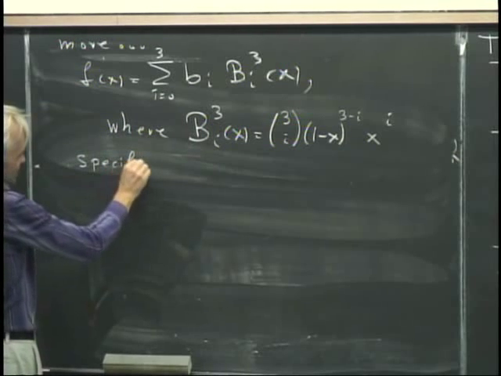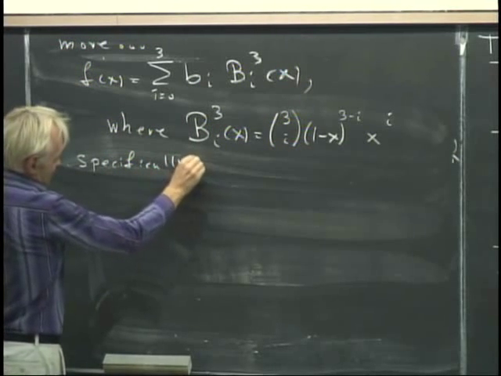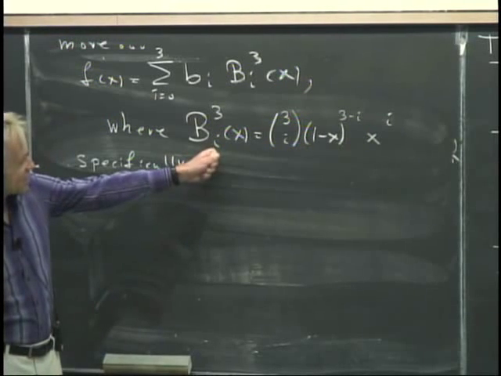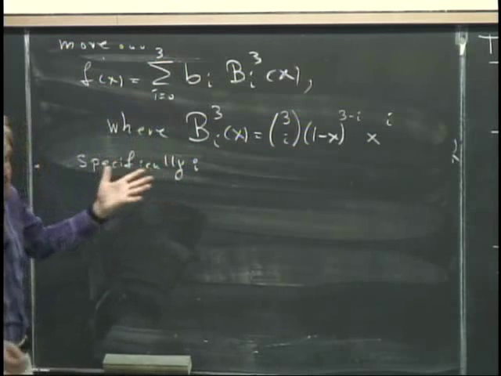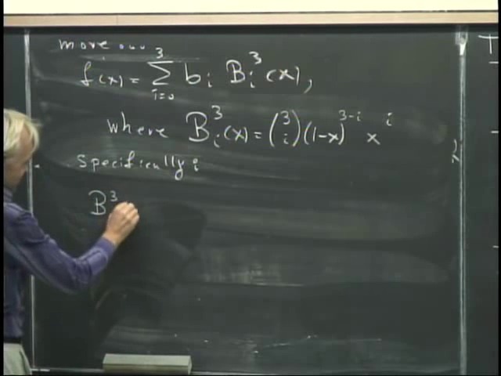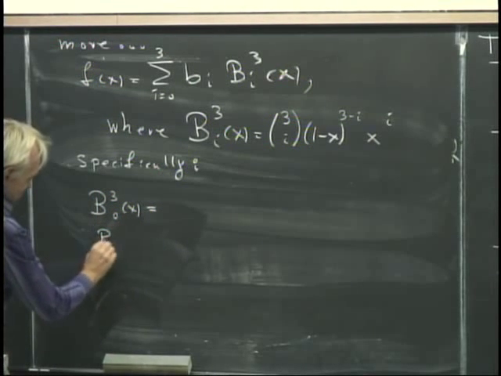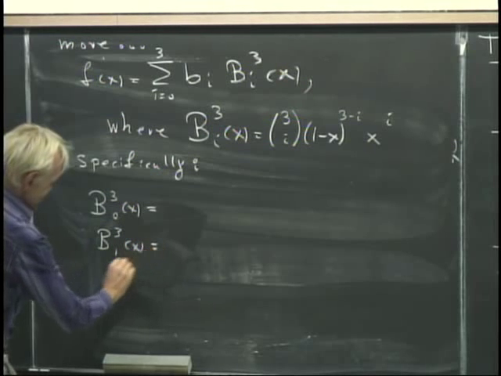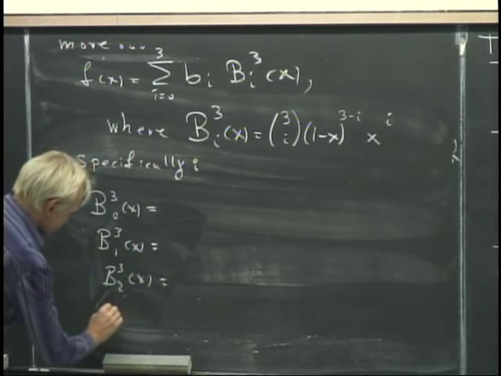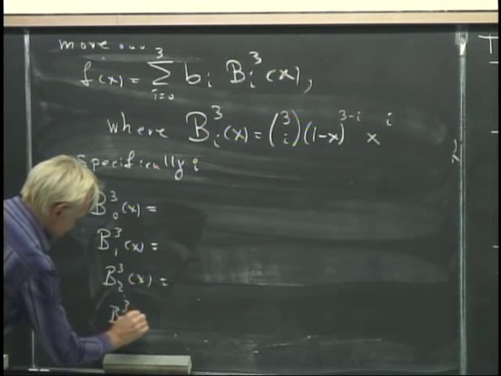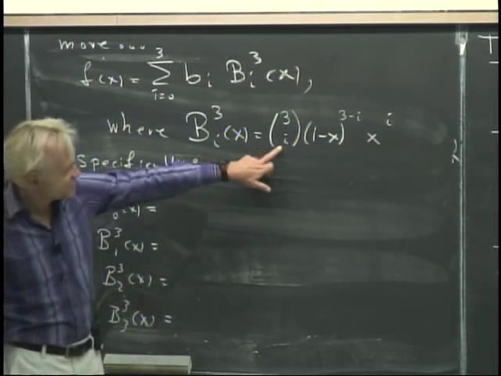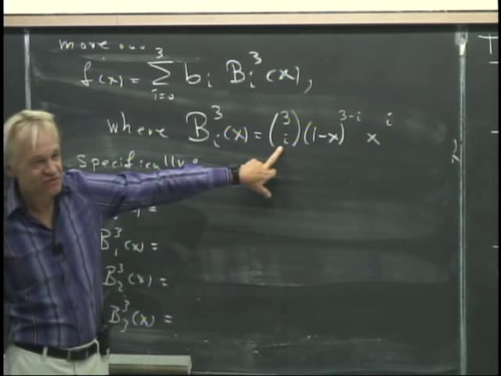Specifically, we need the ones from i being 0 up to 3. So I just give them to you, what they are. B03 of x equals, B13 of x equals, B23 of x equals, and B33 of x equals. Okay. Now, what is this 3 choose i thing? It's a binomial coefficient. You remember that guy?